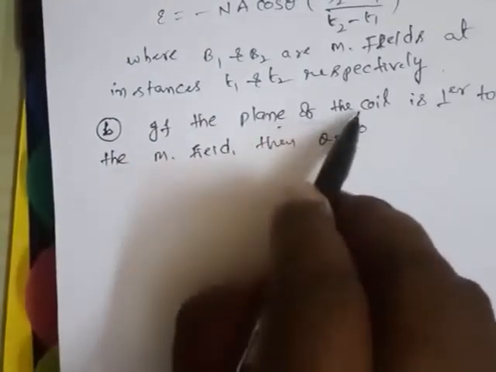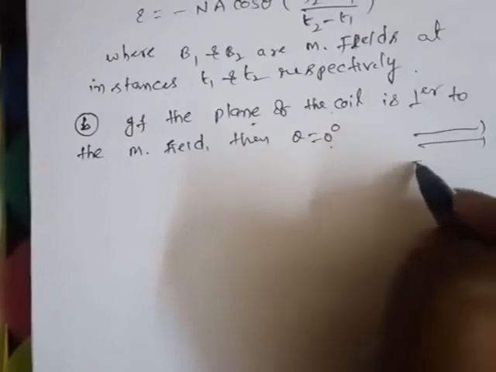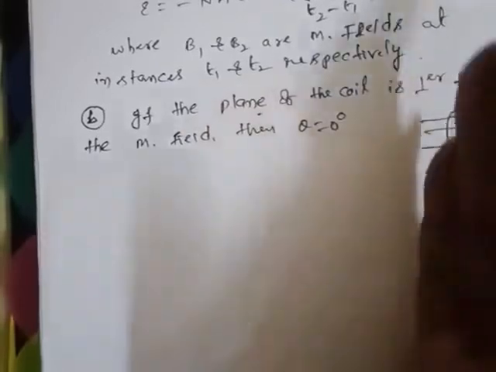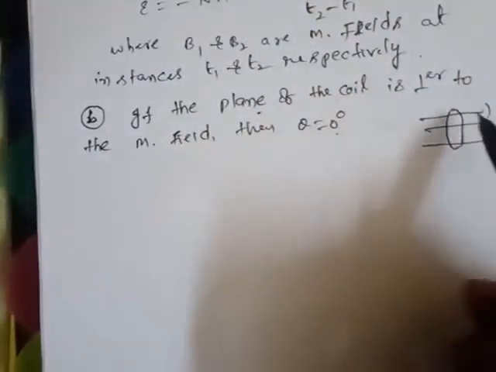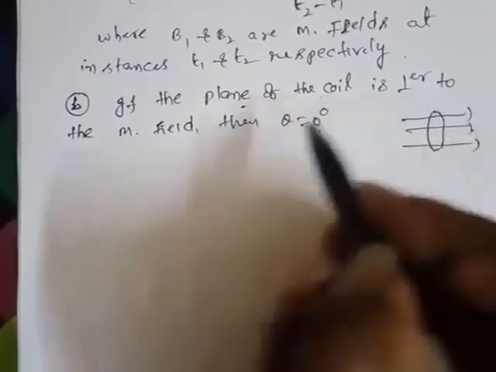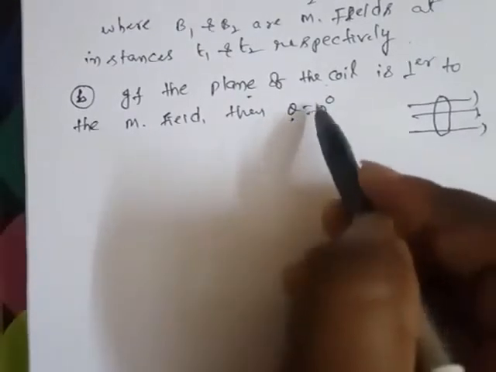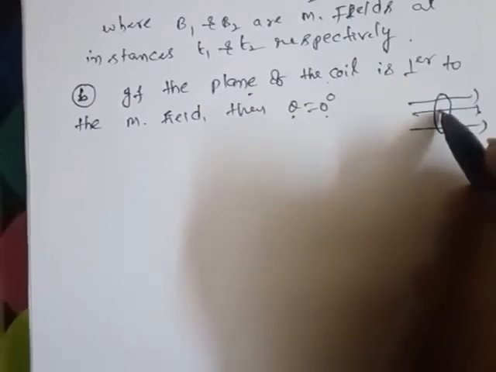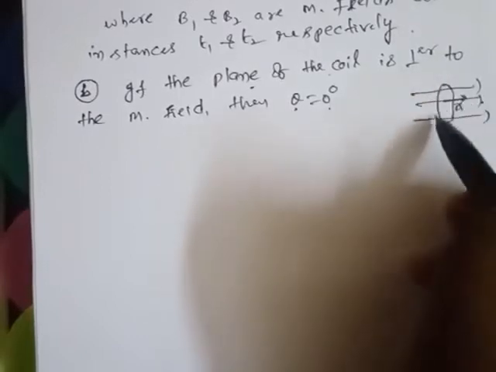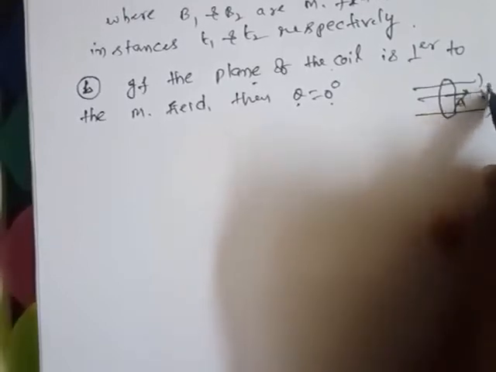Because here the plane of the coil is perpendicular to the magnetic field. Theta is the angle between the area vector and the magnetic field vector. The area vector is always perpendicular to the plane, so whenever the plane of the coil is perpendicular to the magnetic field, the area vector is along the direction of the magnetic field.